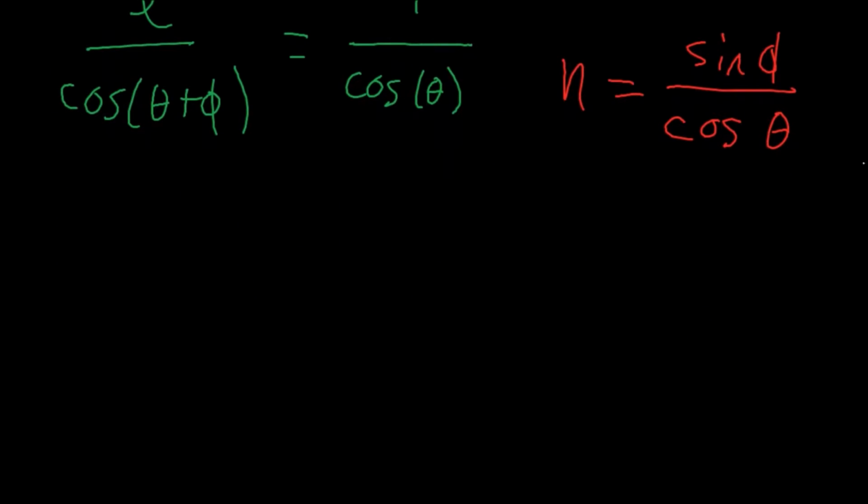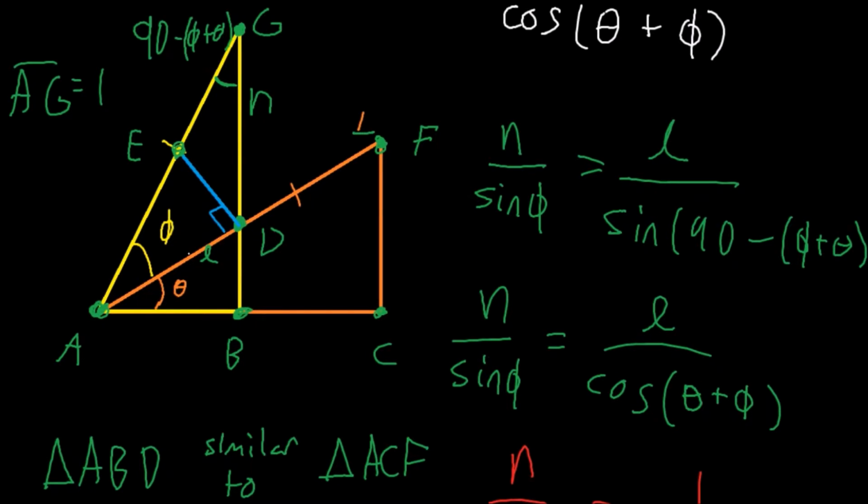Well, cosine of theta plus phi, I'm going to write it down though, equals L times cos theta, because in the triangle ABD, where L is the hypotenuse, cos theta equals adjacent AB, which we already discussed is cos of theta plus phi, over L. So cos theta equals cos of theta plus phi divided by L. I flipped that ratio, whoops.